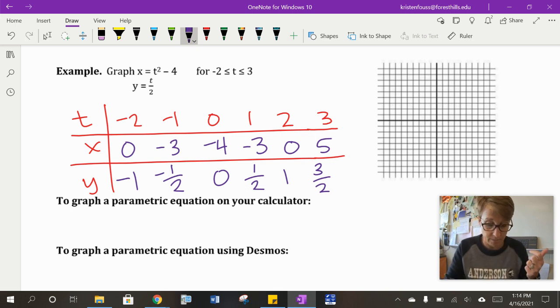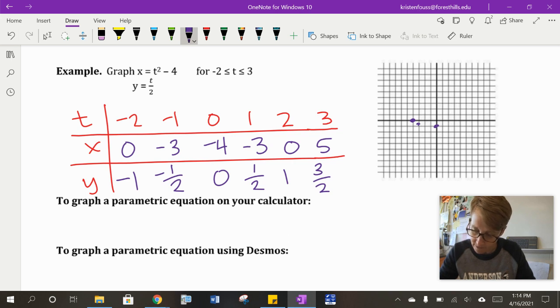Okay, so I'm going to go ahead and plot my points. 0, -1 would be about right there. That was my original starting point. And then it went to -3, 1, 2, 3, -0.5. Something there, if I can get it in there. Okay, close enough. And then it went to -4, 0.